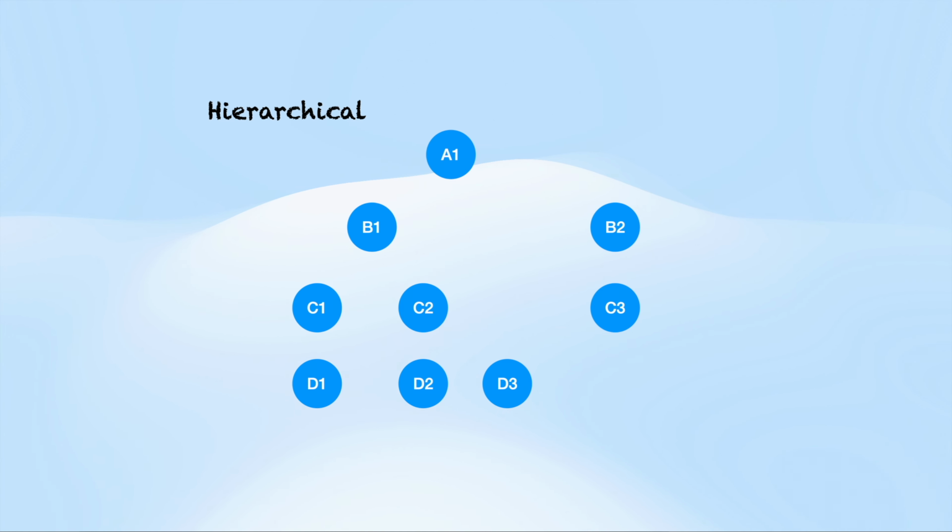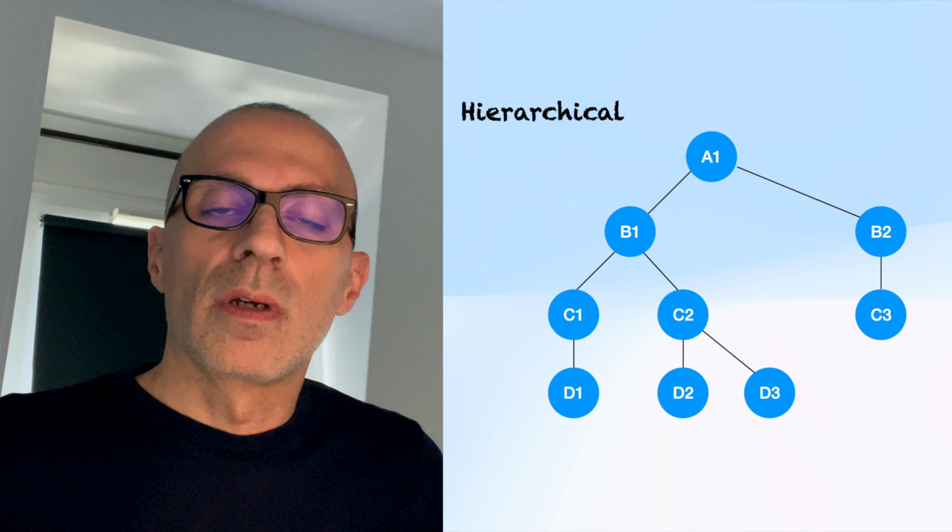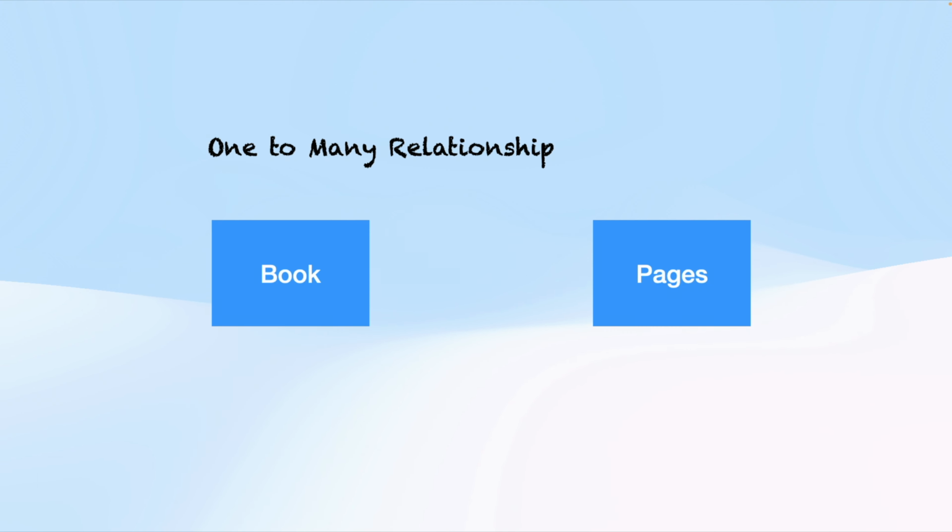This one-to-many relationship makes it perfect for organizing data in a structured way. As you can see in the tree diagram, the parent node holds the main data and the child nodes store related data. This hierarchy is especially useful when there is a natural one-to-many relationship between pieces of information.